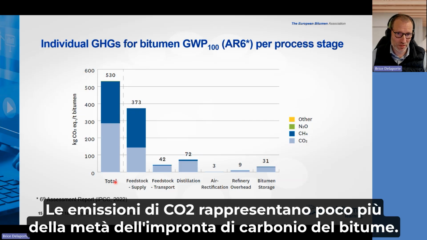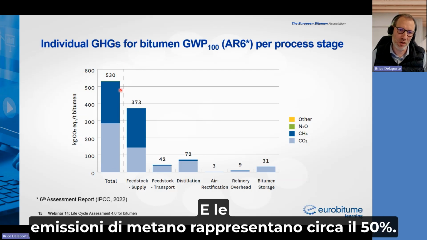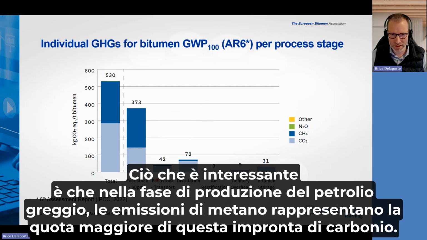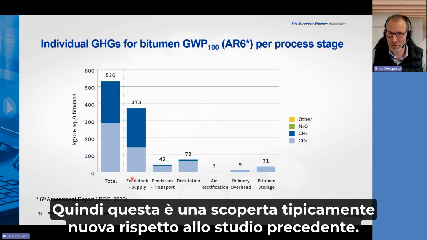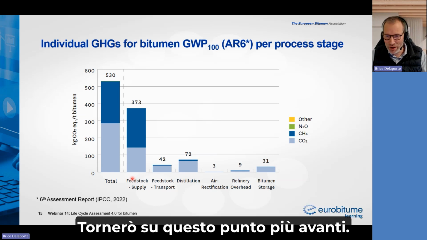CO2 emissions represent just over half of the carbon footprint of bitumen, and methane emissions around 50%. What is interesting is at the crude oil production stage here, methane emissions represent the main part of this carbon footprint. So that's typically a new result compared with the previous study. And I will come back also later on this point.